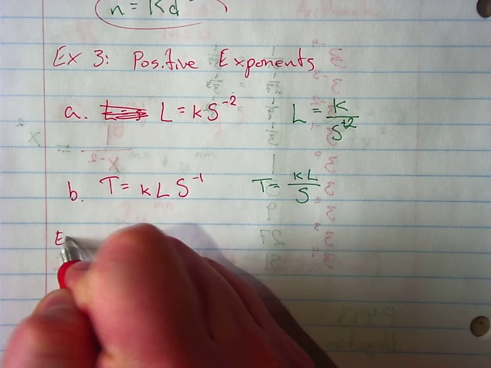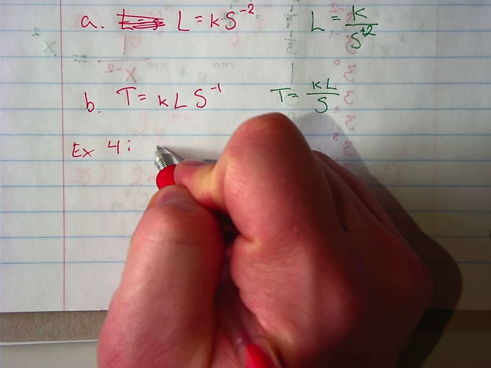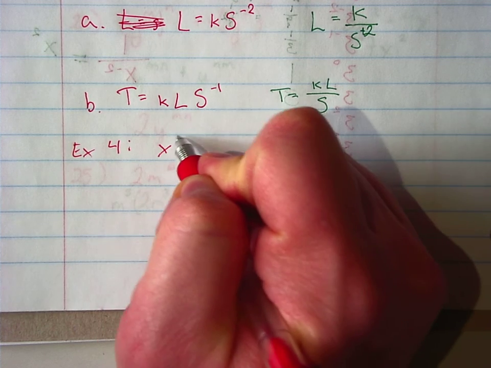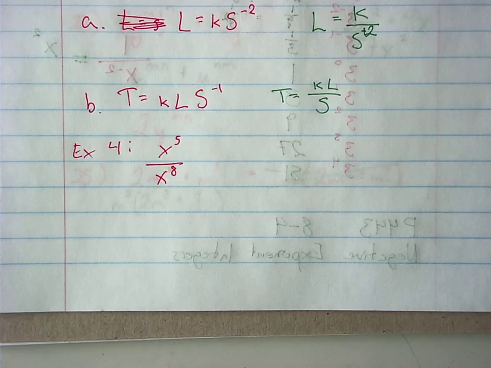Example 4. Simplify x to the 5th over x to the 8th. I want both possible answers.